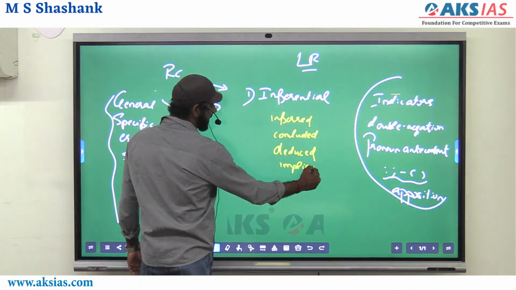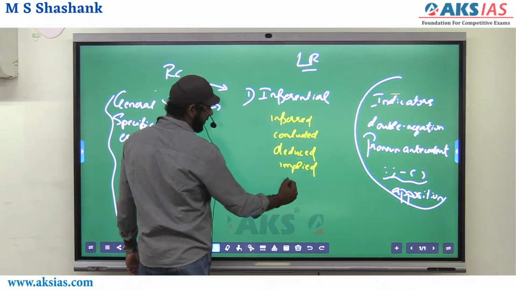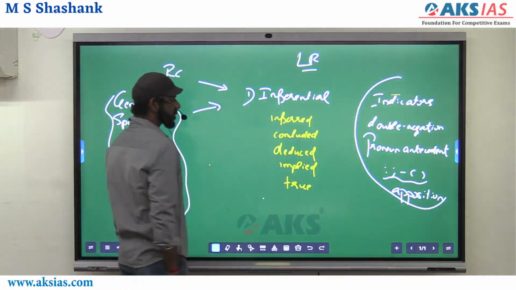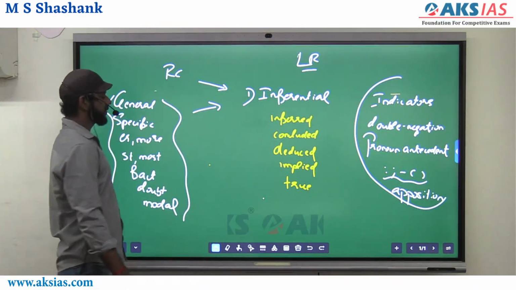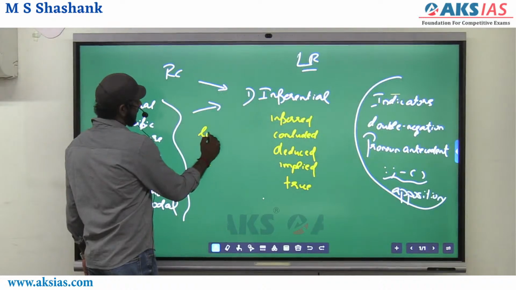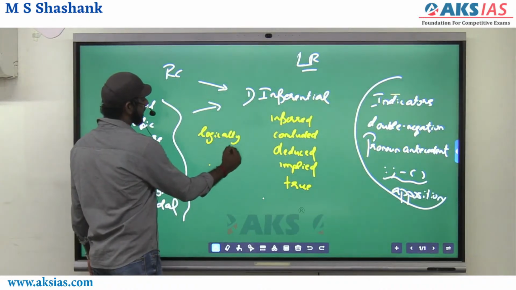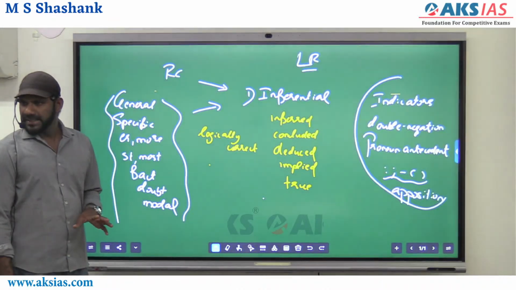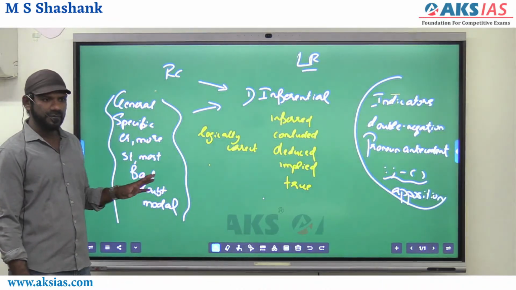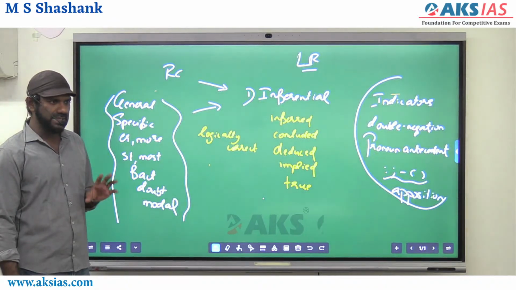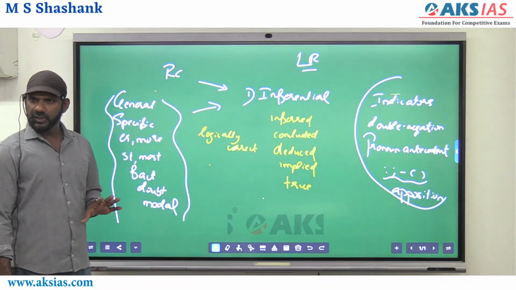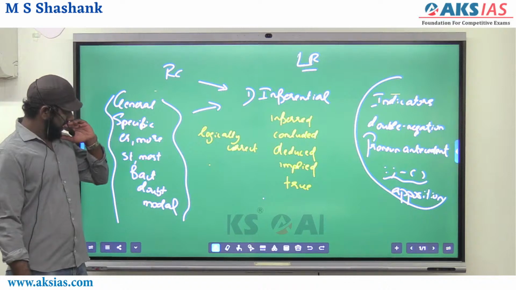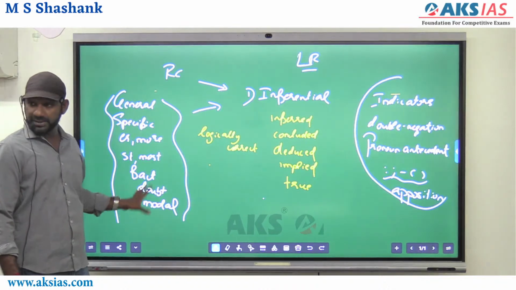What is implied by the paragraph? What is true according to the paragraph? What is logically correct as per the paragraph? All these mean the same. So if it is an inferential question, you will find any of these words in the question. So conclude that it is an inferential one. Find out an option that is there in the paragraph and think about all these concepts.